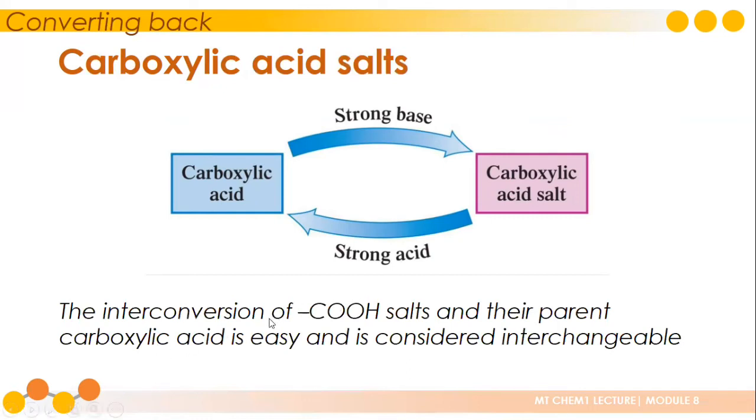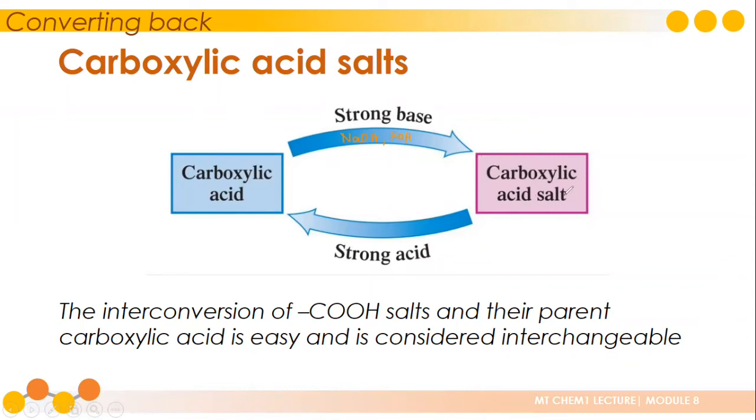Okay. So the interconversion of carboxylic acid salts and their parent carboxylic acid is easy and is considered interchangeable. As you can see in our diagram, if you have a carboxylic acid, you simply add a strong base, so it can be in the form of NaOH or potassium hydroxide, and then it will produce a carboxylic acid salt.